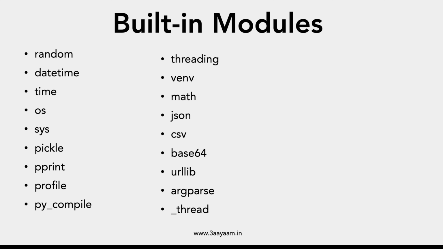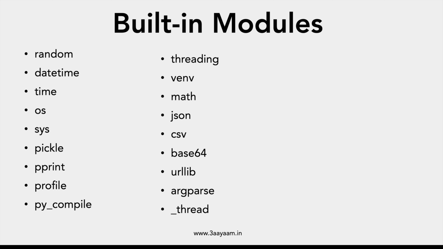Then pprint is used to print output in a pretty format. Then profile can be used to find out the memory consumption and other things in Python code. You have already seen py_compile, which is used to pre-compile Python code. Then there's the threading module, which is used to create and run multi-threaded programs in Python.